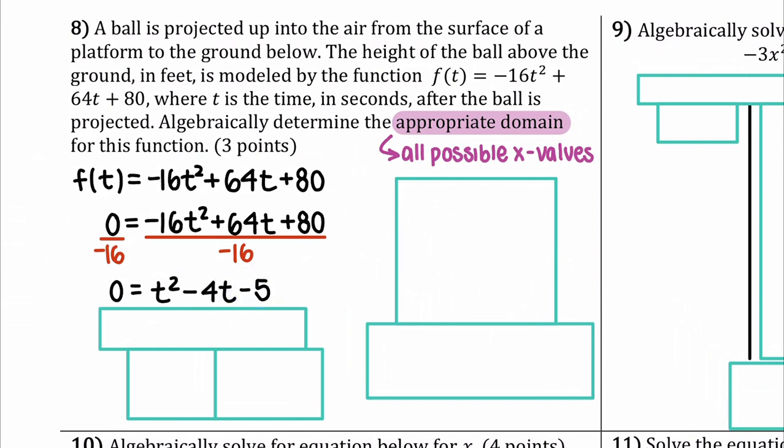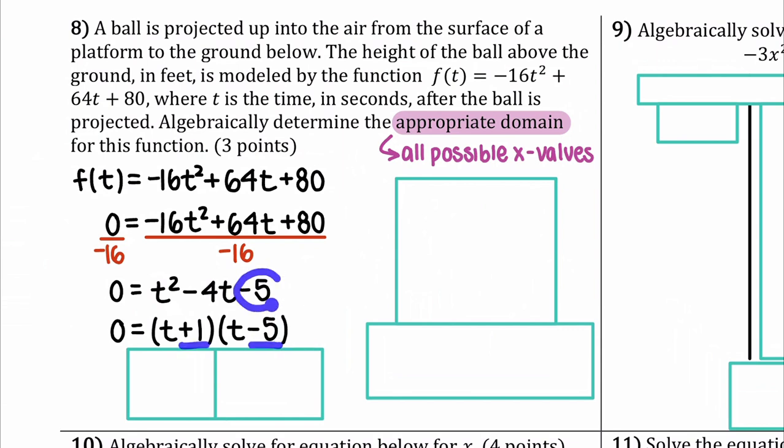We want to think what two numbers multiply to negative 5 and add up to negative 4. In this case, we have t plus 1 times t minus 5, because positive 1 times negative 5 is negative 5, and adding them together gives us negative 4, exactly what we want.